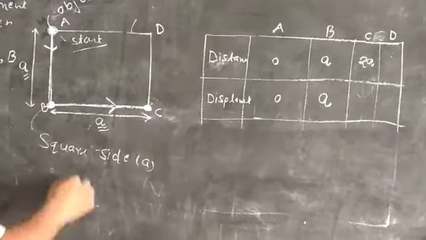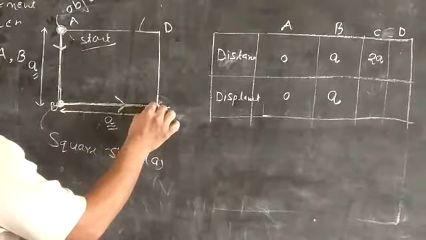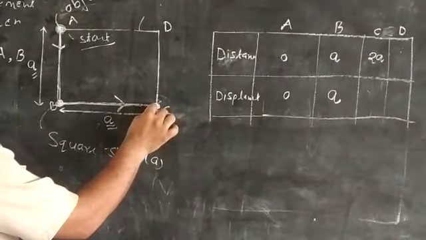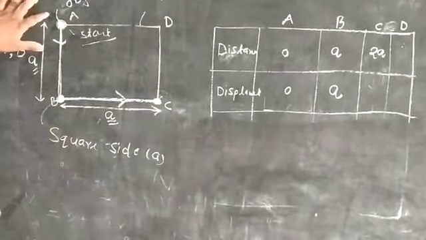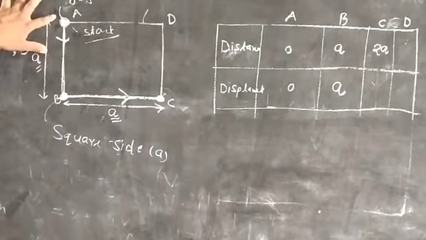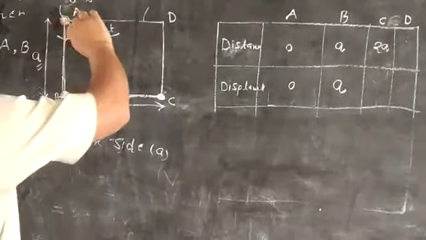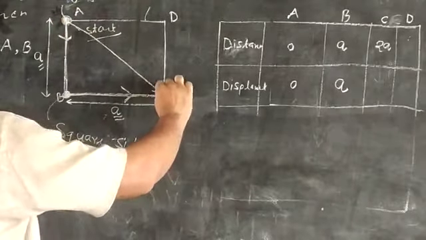And what is the displacement? Here is the final point where the particle finally arrives, and the particle started from point A. This is the displacement vector.